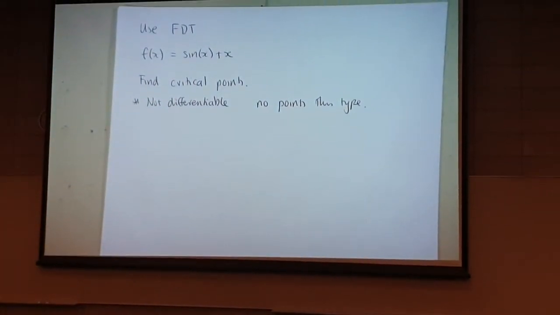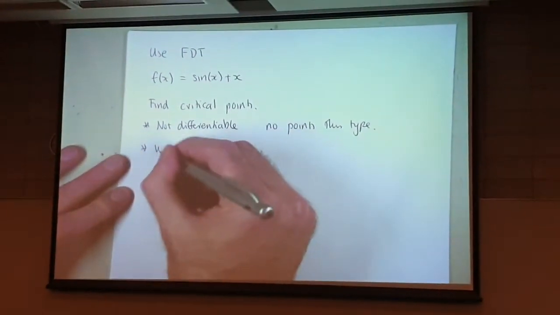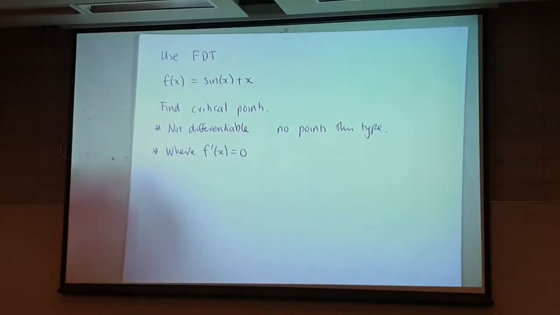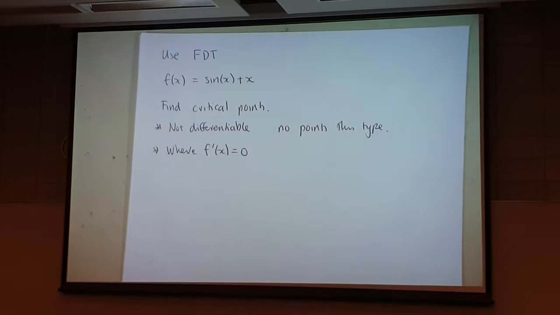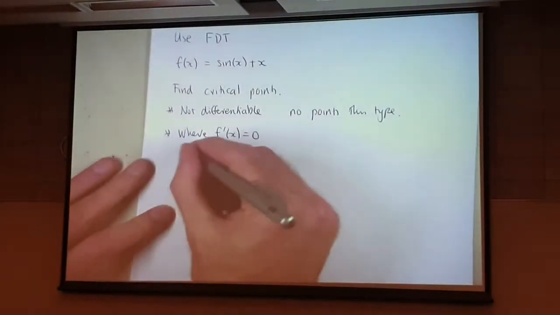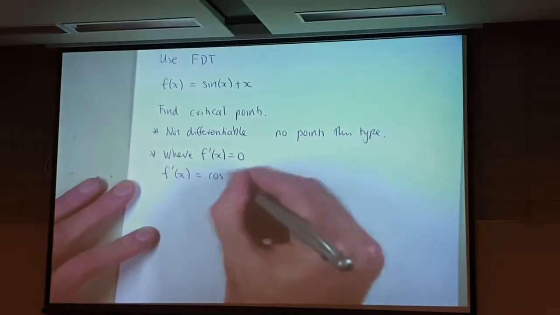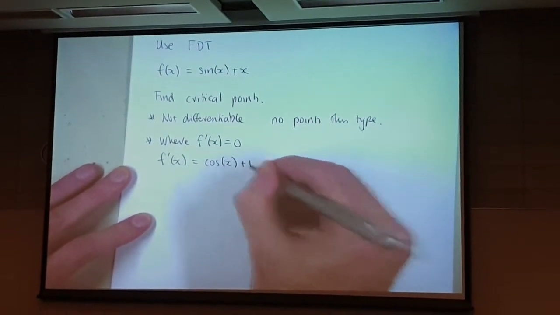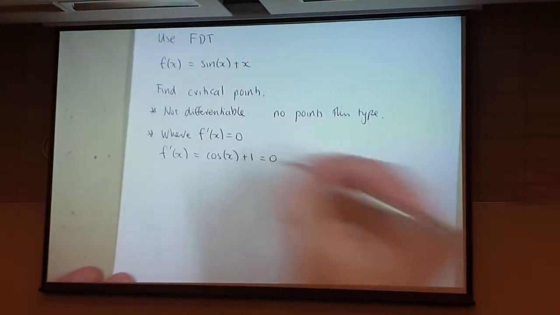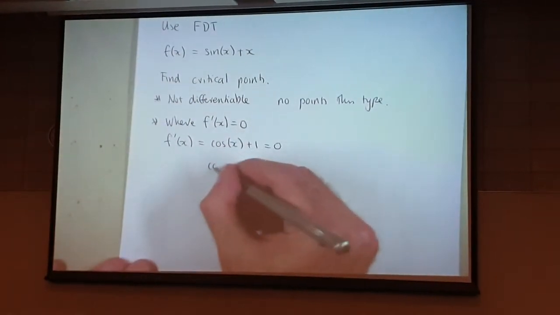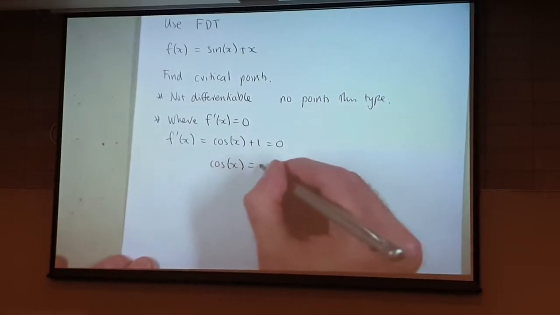Okay, so now we need to find where f dash of x equals 0. So f dash of x equals cos of x plus 1. That equals 0. So we need cos of x equals -1.